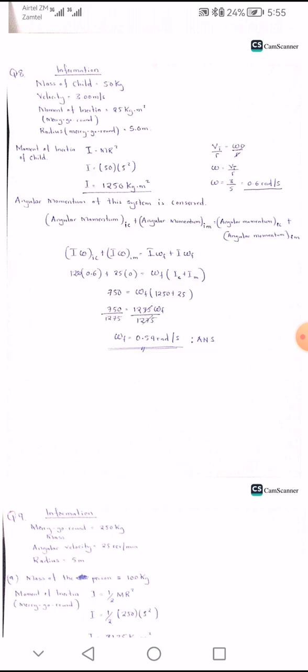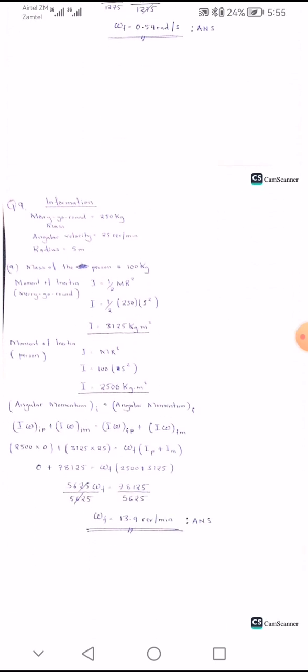Question number 9 is very similar to this. Again, let me read it out so that I can then refer to what we have written here to solve it. So question 9 says, you can refer to your tutorial sheet.